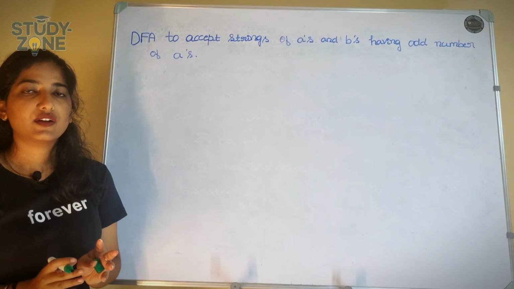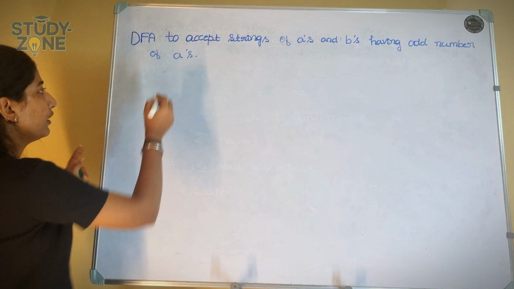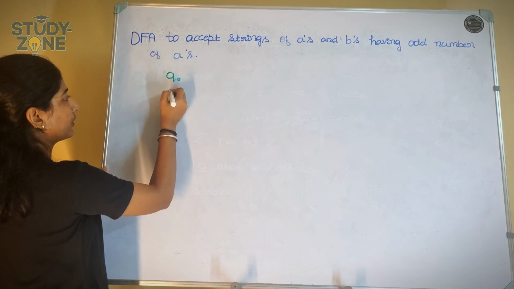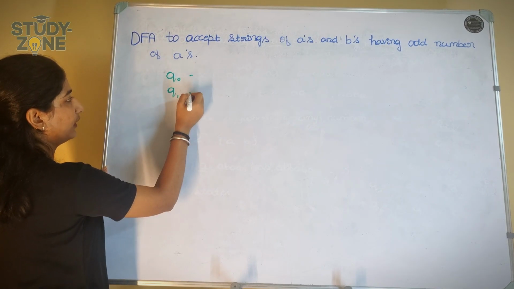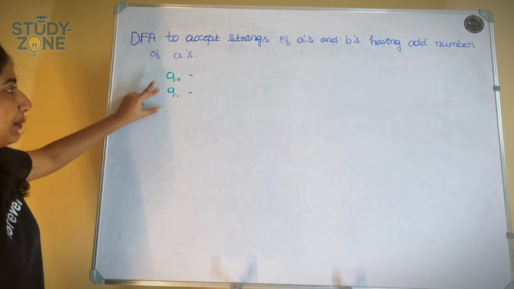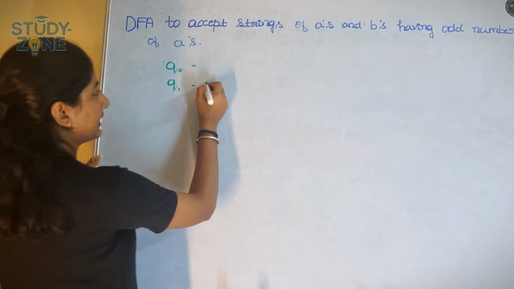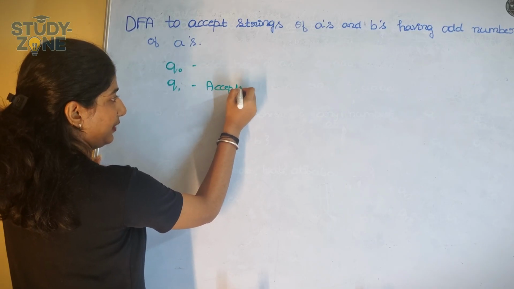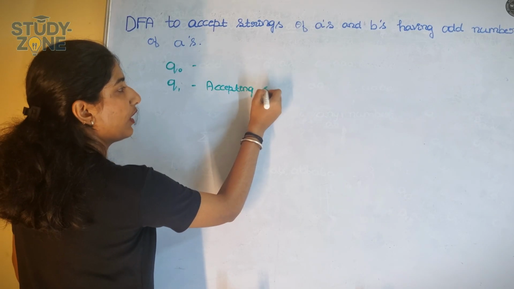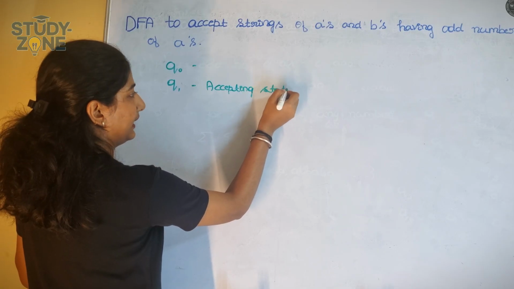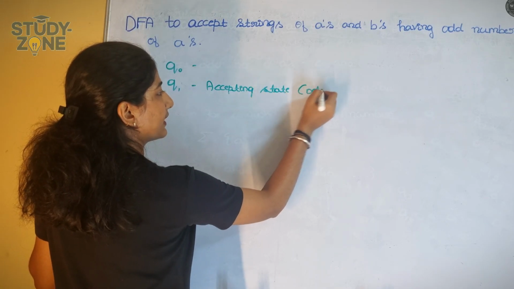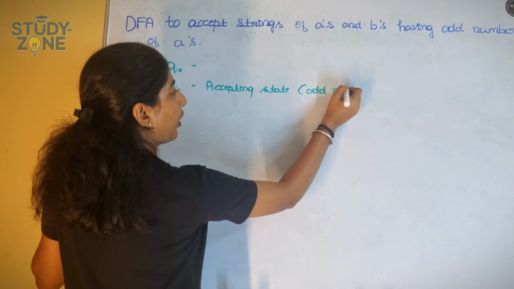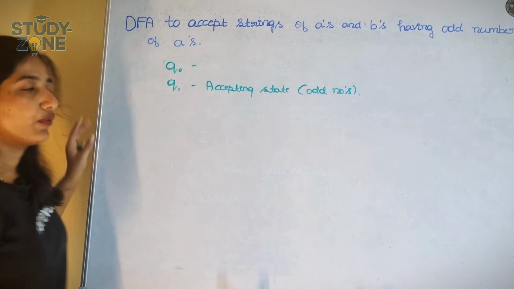So since we have taken two states, they are Q0 and Q1. Okay, Q1 will be the final state, that is the accepting state, right? Accepting state means here it has to accept odd numbers only. So this is the state to accept odd numbers because this is the final state.